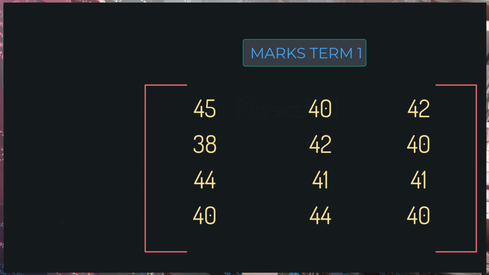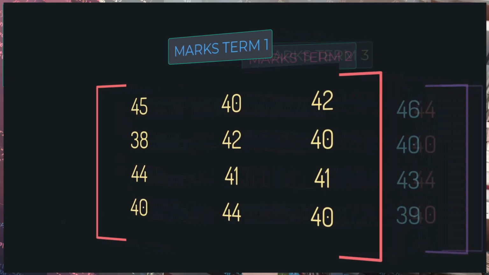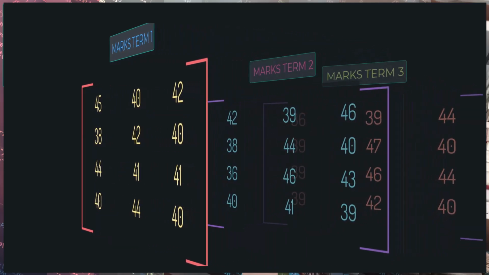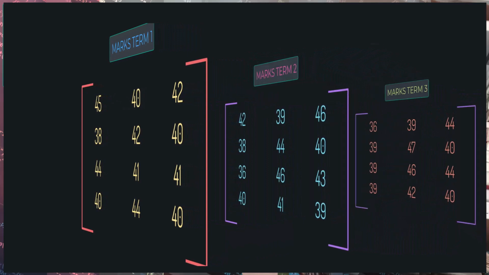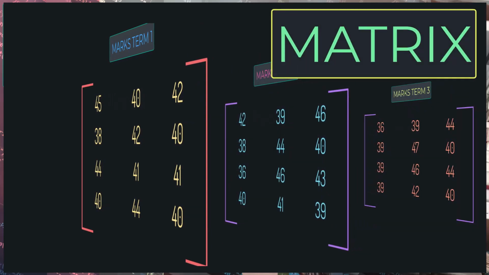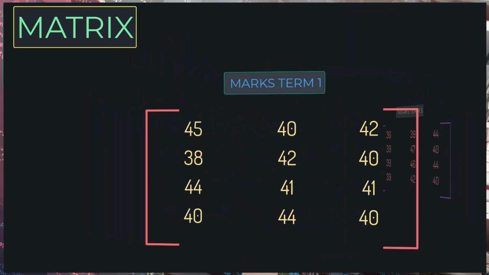In the same way, we can arrange the marks in second and third term examinations using this new representation. This new representation is called a matrix. Such representations collectively are called matrices.